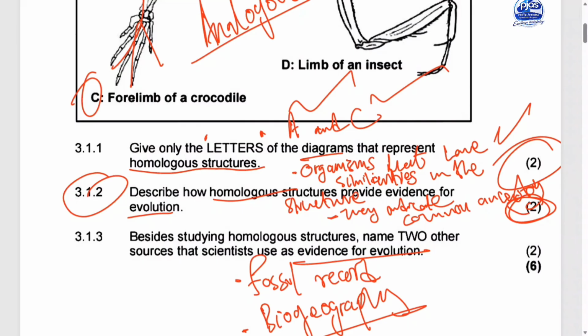The more they share characteristics, the more they indicate that they arose from a common ancestor, or a single continent. Due to continental drift, this species went to this part and that species went to that part, but comparing their structures, you see that they indicate common ancestry.